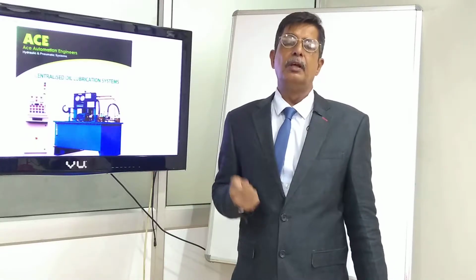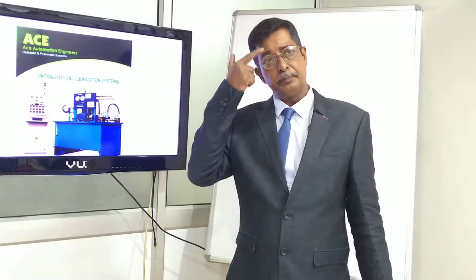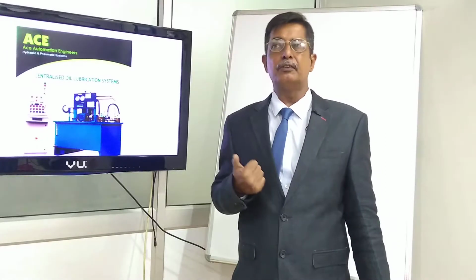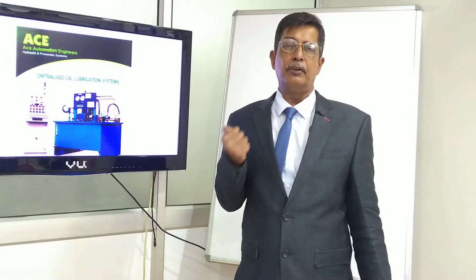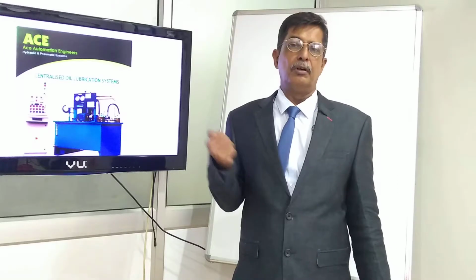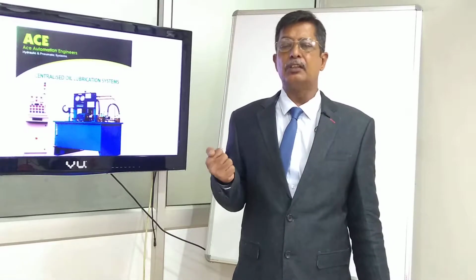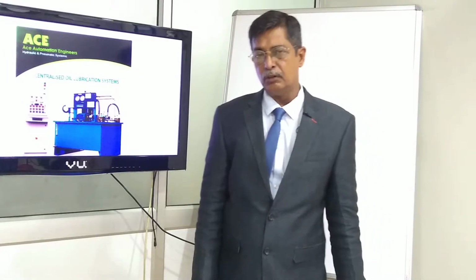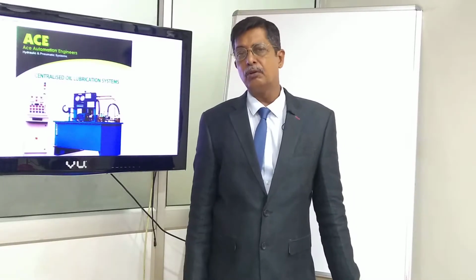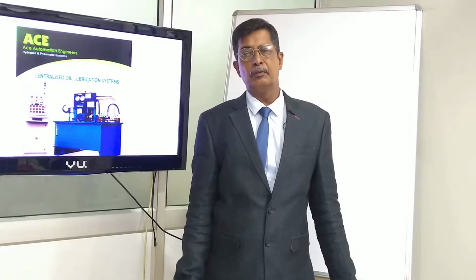To explain this further, I am first going to talk about what essentially is the purpose of a centralized oil lubrication system, and then go on to the problems, what they are doing to your industry, and how we can resolve them.